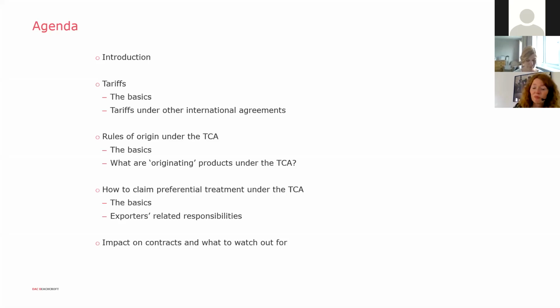And then we're going to come to how to claim preferential treatment under the TCA, again the basics, and then export-related responsibilities, because as we know, at the moment exporters are more heavily under focus than importers. And last but not least, a very quick overview of what should be considered in contracts due to these changes and to the extent that this hasn't been dealt with yet.